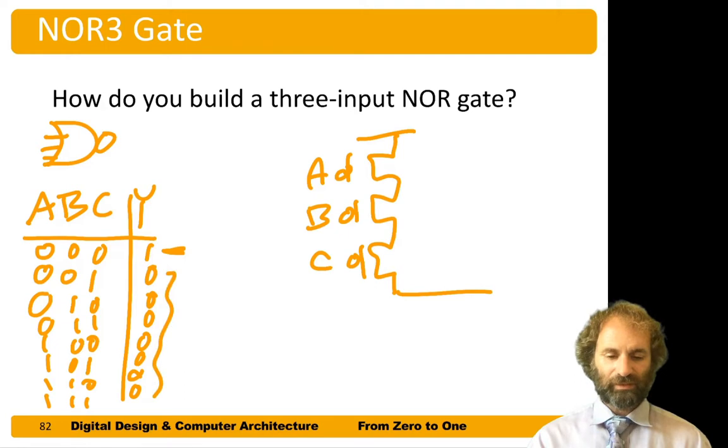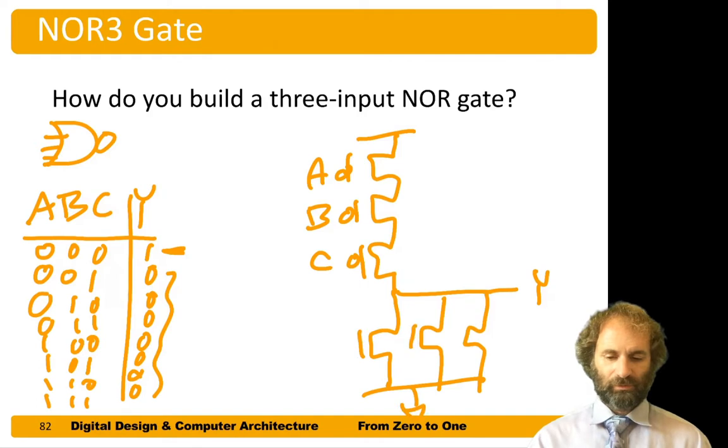If any of the inputs are true, we want the output to pull low, so we'll build 3 NMOS in parallel to ground, A, B, and C. If any of the inputs are true, the output will go to 0. So here's our 3-input NOR.